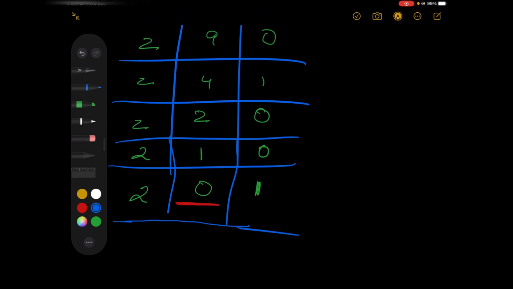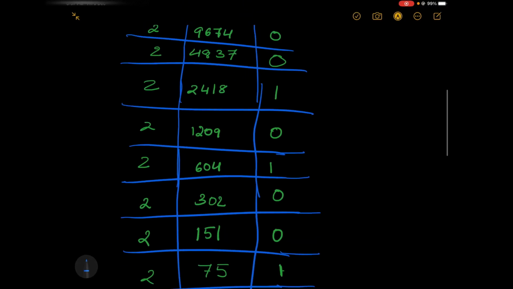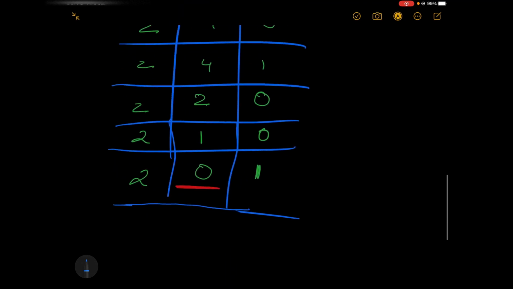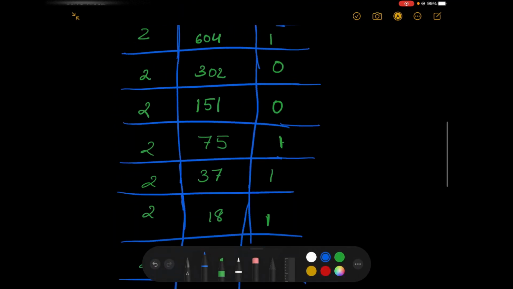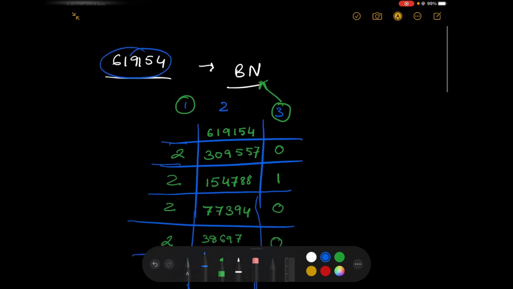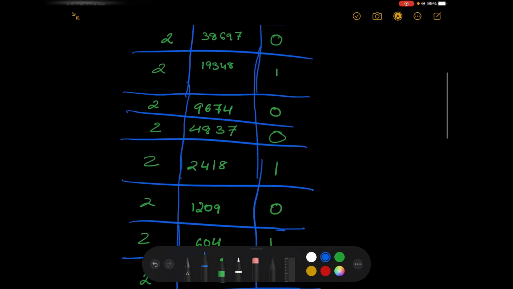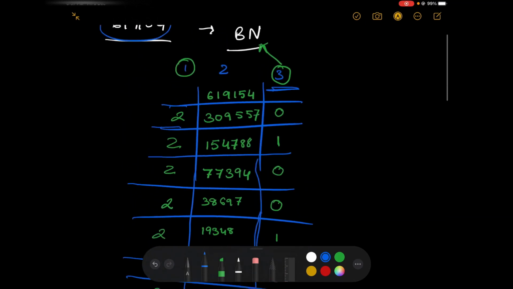Now, here we have so much calculation. So we are going to write all these numbers in the third column, because it has only zeros and ones, so they are our binary. Now don't make a mistake. We don't have to write from top to bottom.